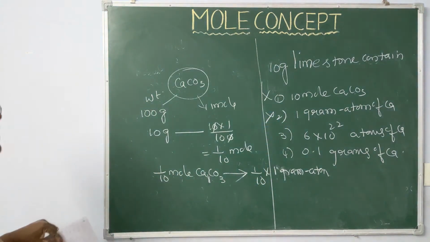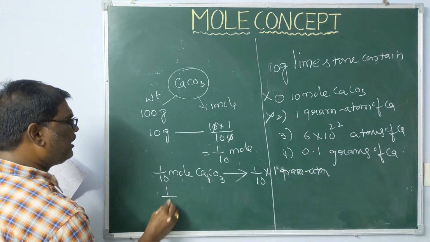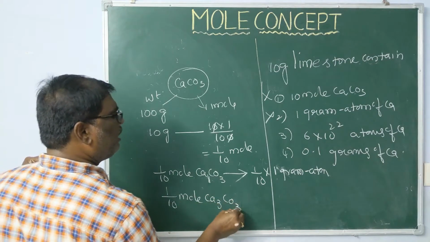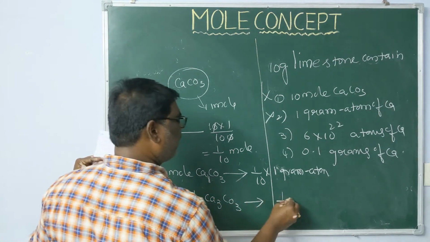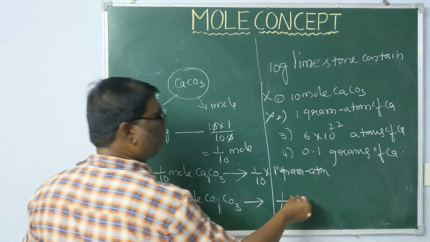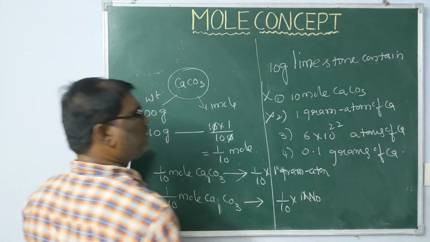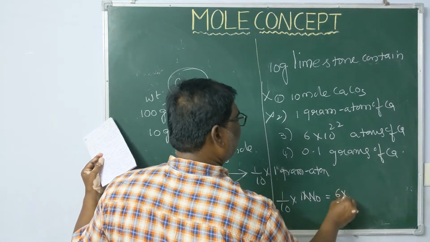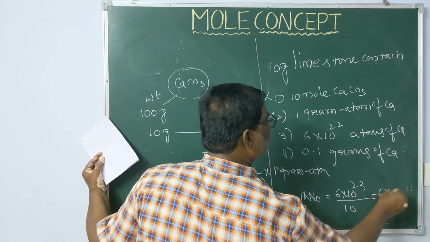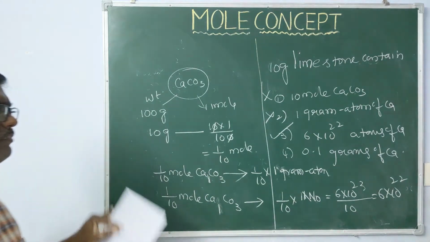Next one, atoms of calcium. 1 by 10 mole CaCO3 has how many calcium atoms? 1 by 10 into how many calcium are there? 1 calcium. 1 means 1 into Avogadro number. That means nothing but 6 into 10 power 23 by 10. This is nothing but 6 into 10 power 22. This is the right option.